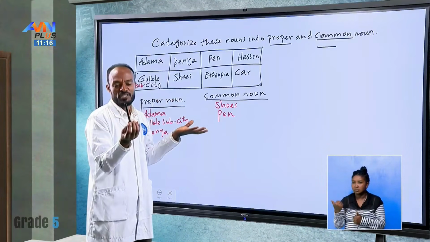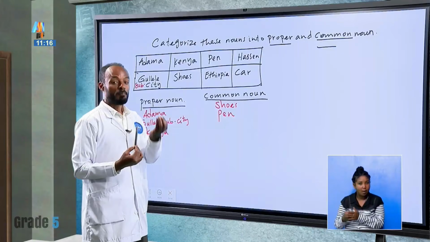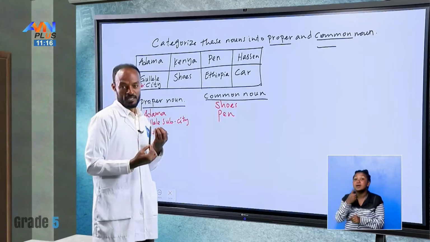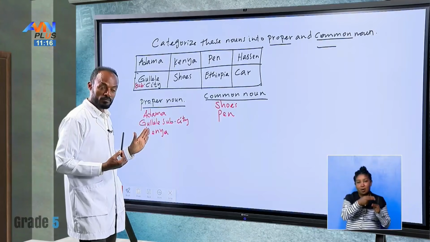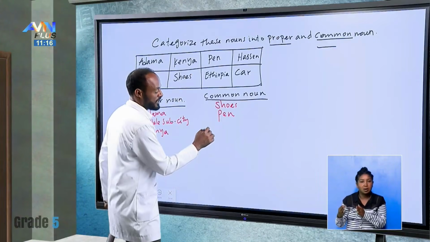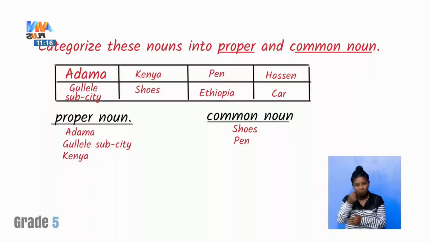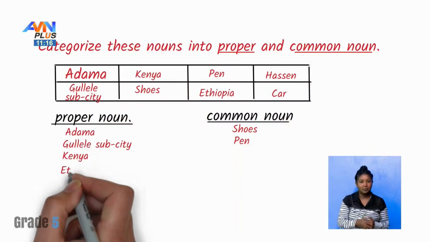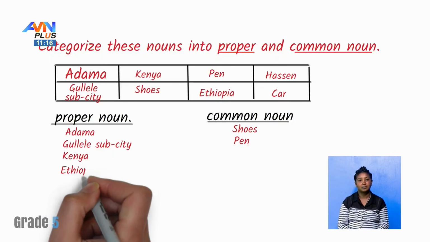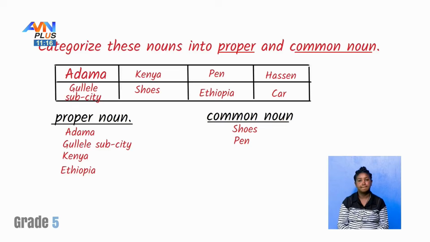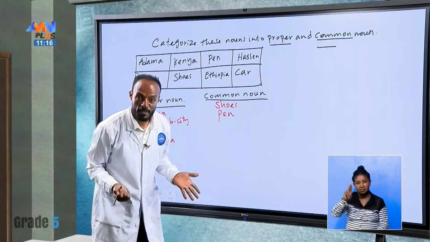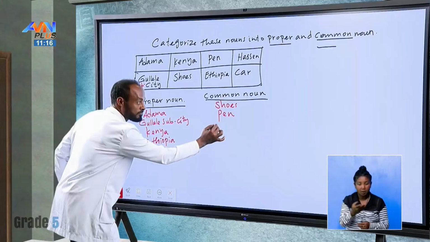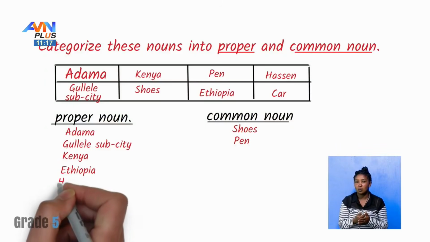All pens can be called pen. But when you say red pen, blue pen, it can be a proper noun. What about Ethiopia here? It should be here. What about Hassan? Somebody's name? No, it should be here.